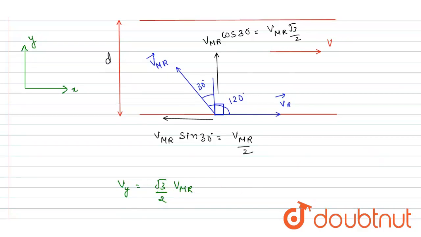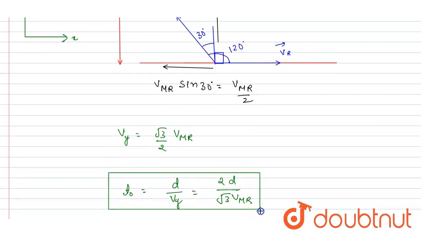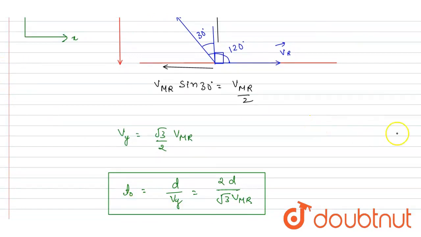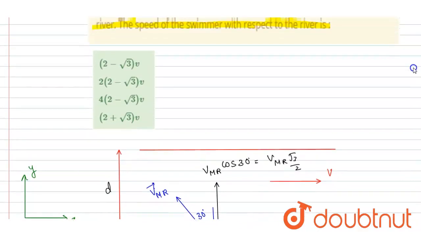So the time to cross the river, I will write T naught, is equal to d divided by this, that is root 3 by 2 VMR.